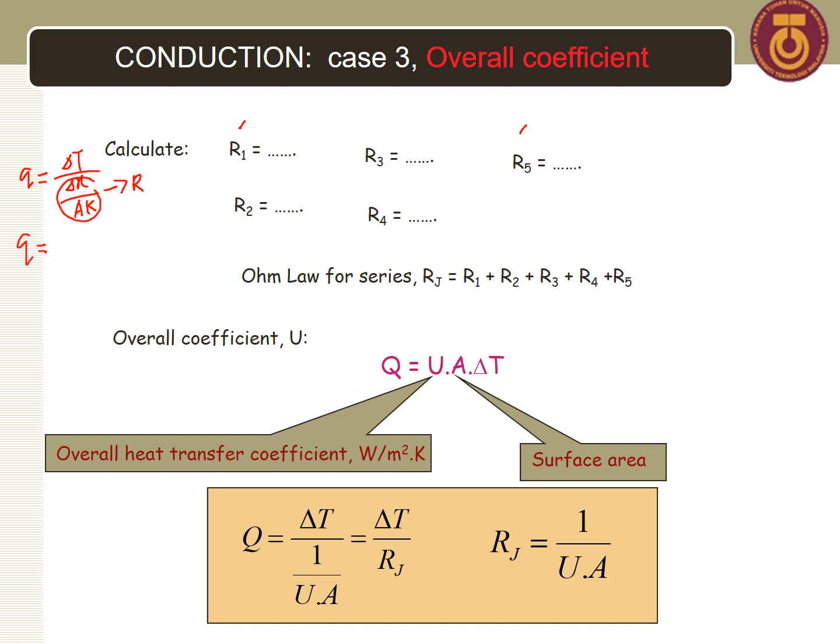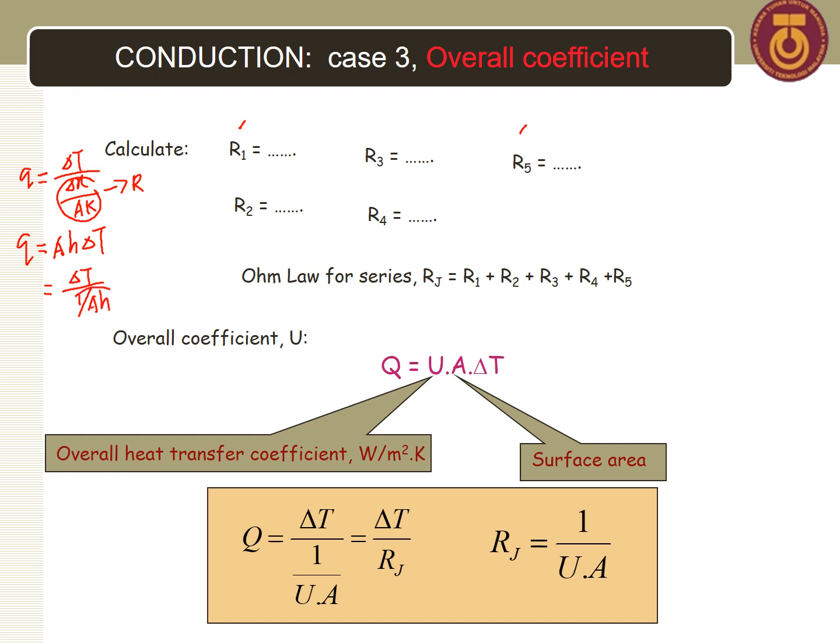For convection, Q equals A h delta T. If we convert it into the form of driving force per resistance, it is delta T over 1 over Ah.